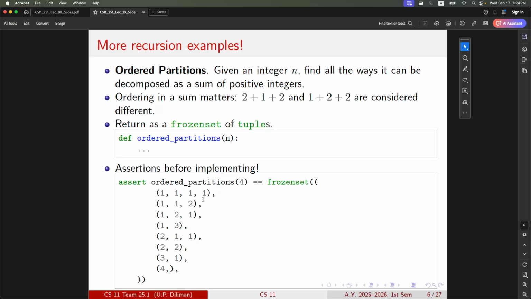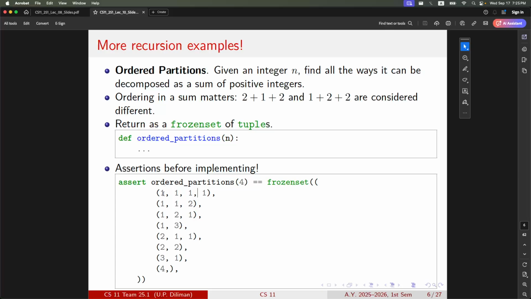So we are doing partitions here. What we could do is choose the first partition and then recursively partition the rest, what's left.